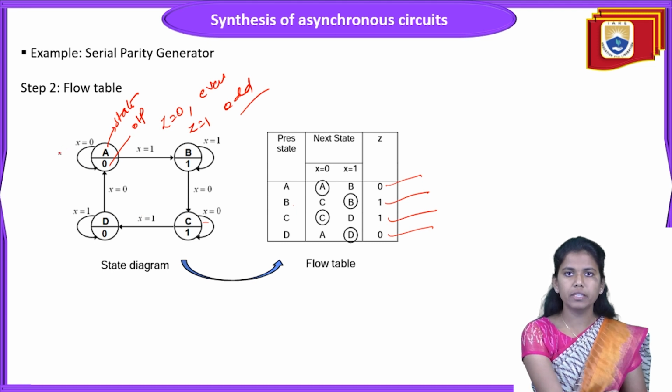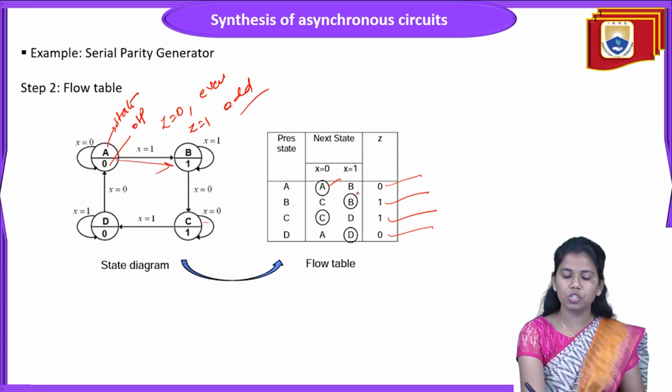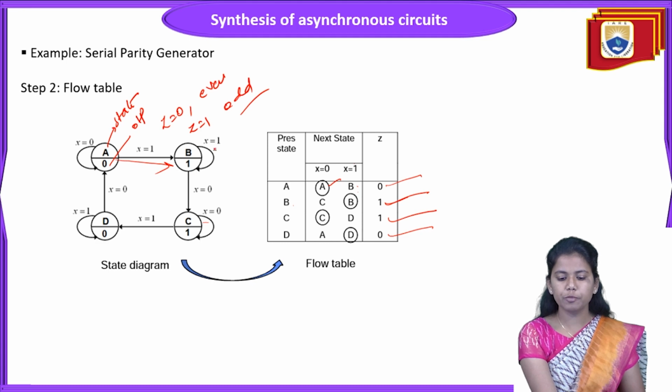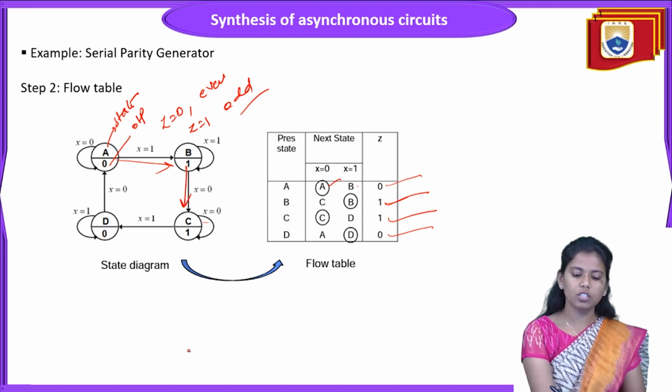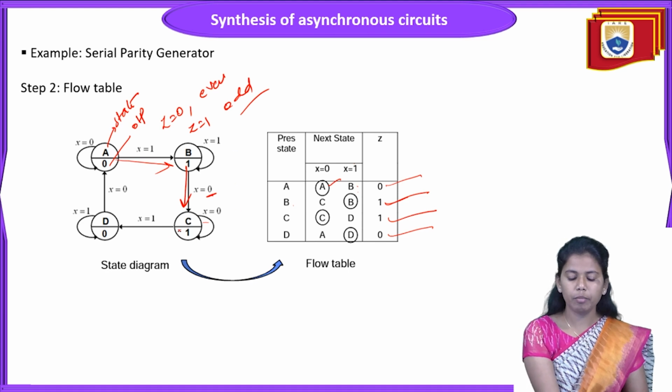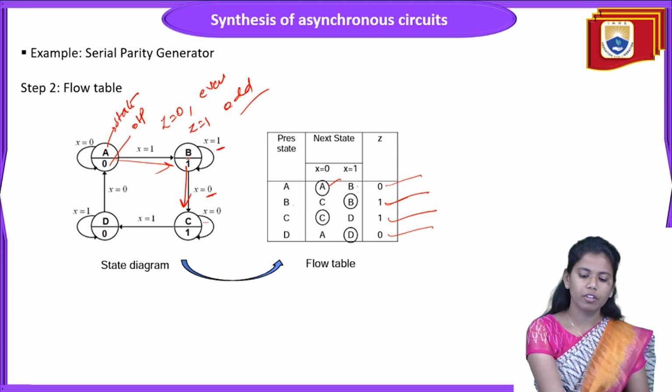For state A, when x is equal to 0, it stays in A, but when x is equal to 1, it takes a transition from A to B. For state B, when x is equal to 1, it stays in B itself, and when x is equal to 0, it moves towards C.